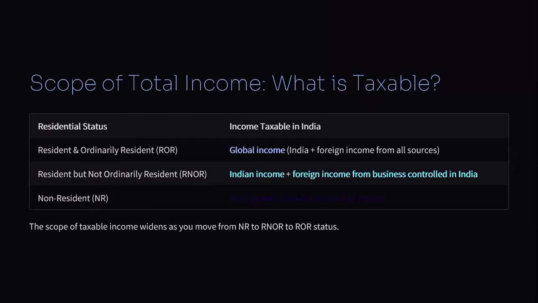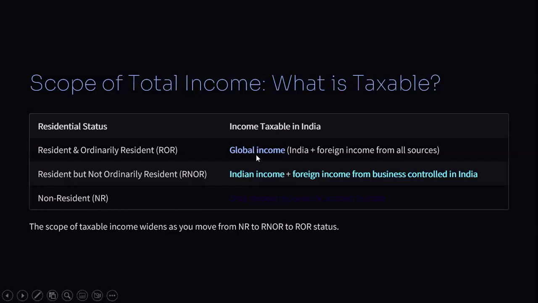Now, this is the most important table. Who will be taxable and who is not taxable? If I am an Indian citizen and follow the basic and additional conditions, and I am in India as a resident and ordinary, all my income, including global, that is Indian and global, will be taxed in India. But in the other case, I am a resident but not ordinary, then only Indian income and other income which is transferred from foreign to India is taxable in India.